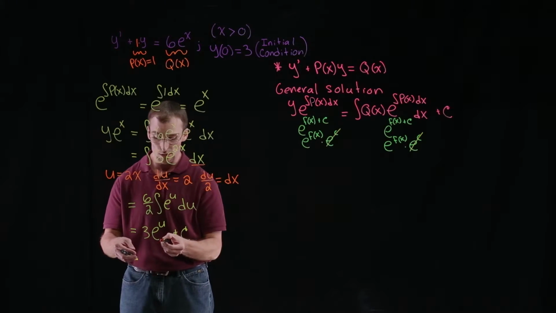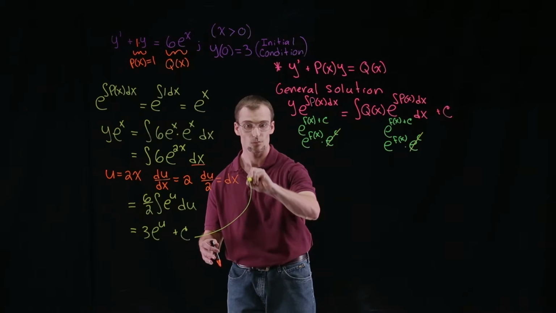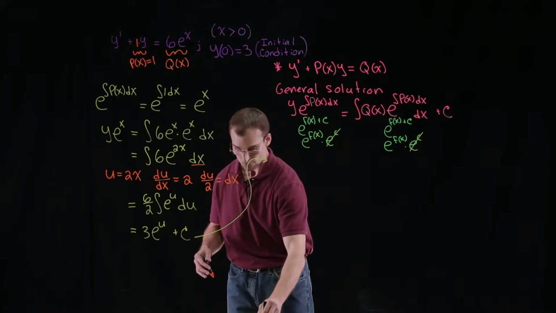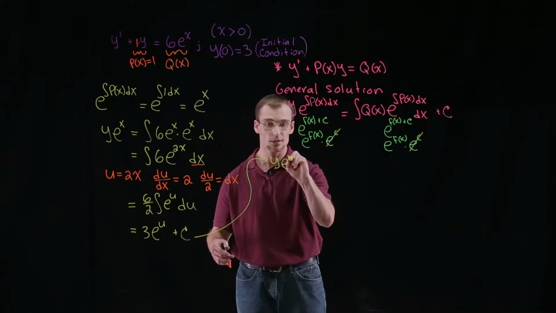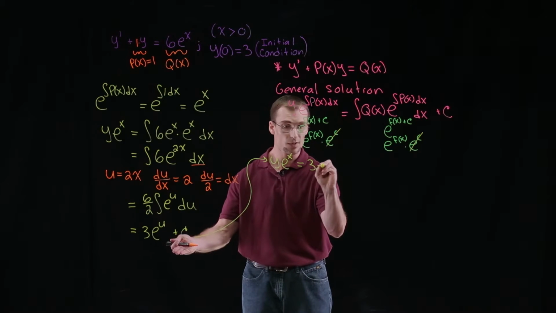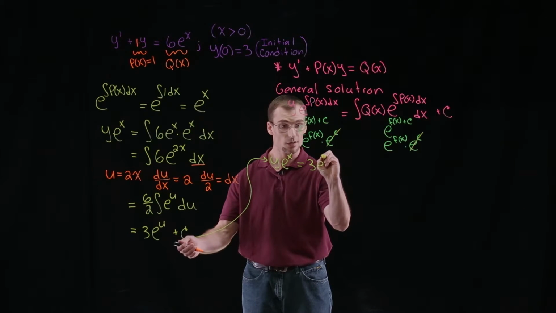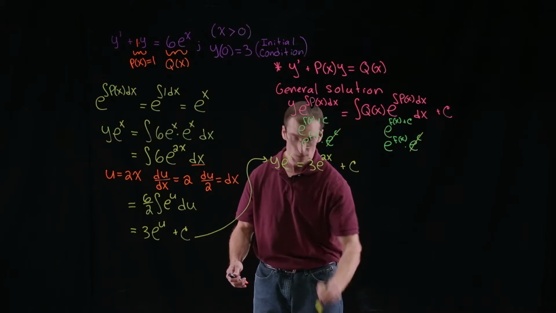Okay, so putting it all together, we have y times e to the x is equal to 3 times e to the 2x plus c.